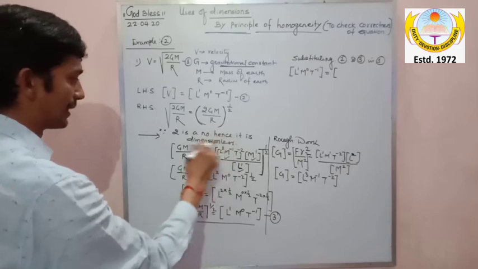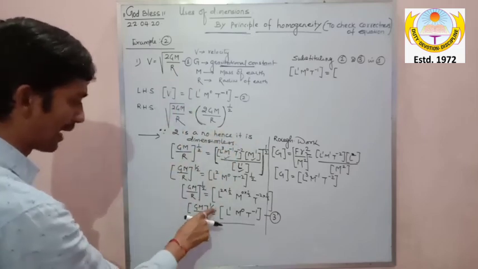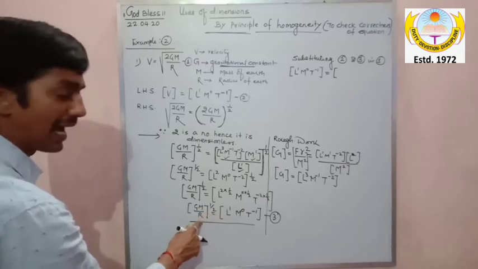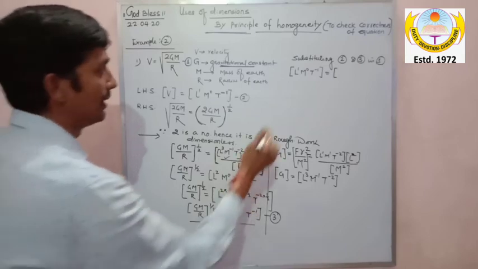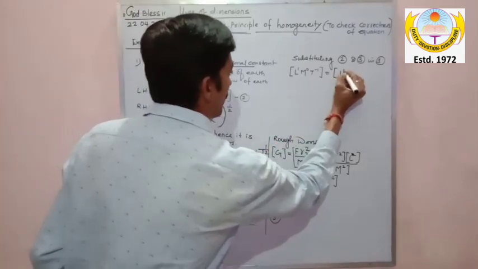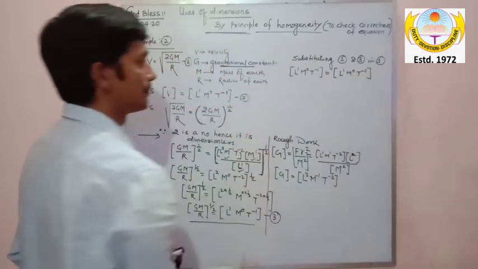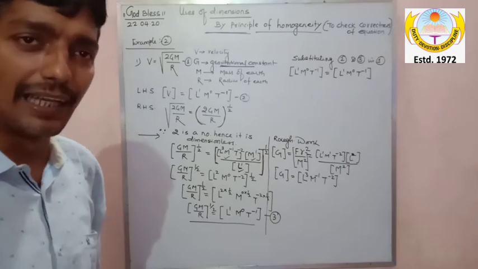This 2 is dimensionless. So now, what is the dimension of (Gm by R) whole power half? It is L1 M0 T minus 1. So here also I will write L1 M0 T minus 1. I hope it is clear.